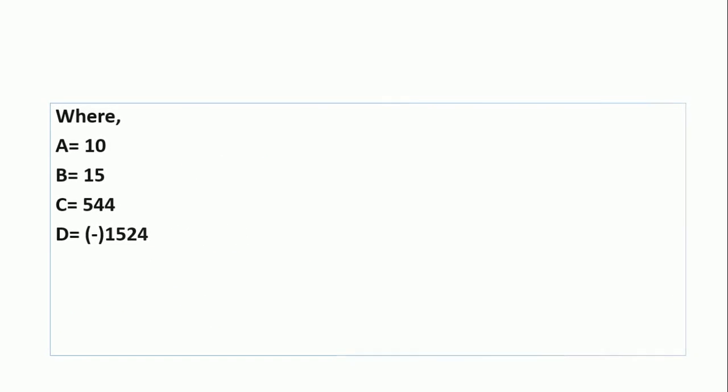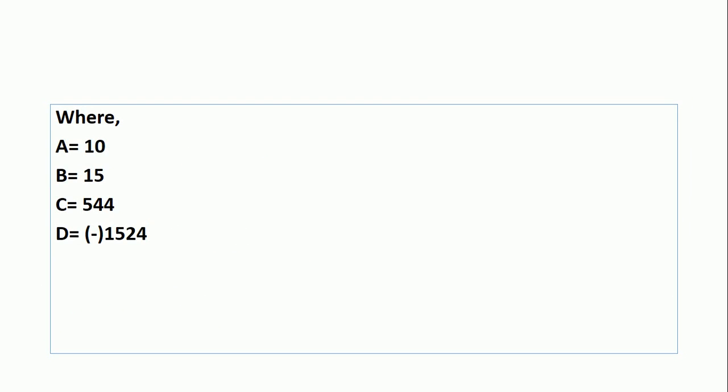Here A is the low rate 10%, B is the high rate 15%, C is NPV at low rate 544, D is NPV at high rate, minus 1,524 rupees, a negative value.